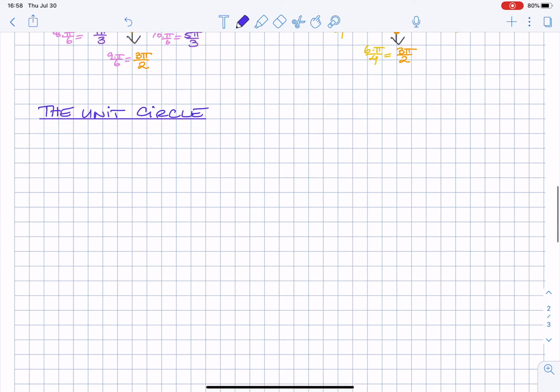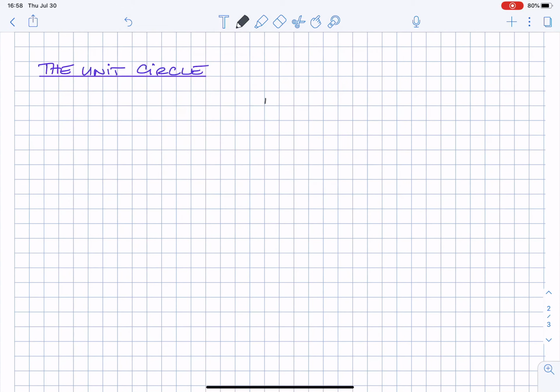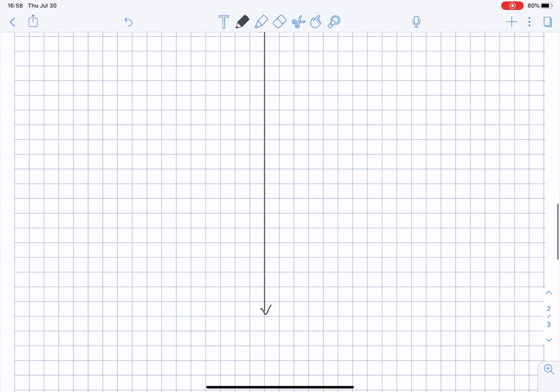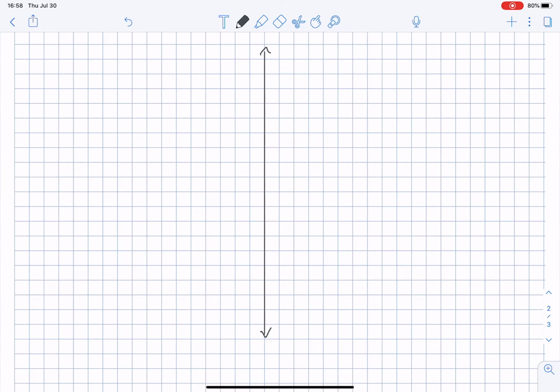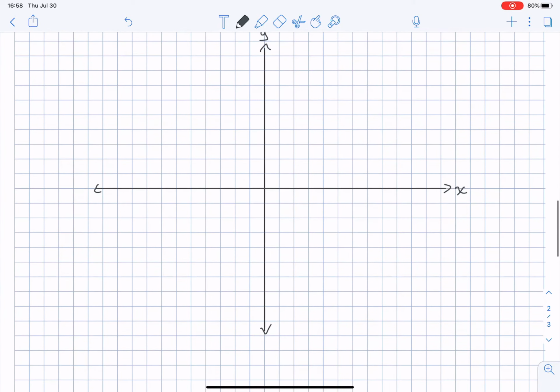Okay, so x and y coordinate axes. So x and y. And now let's create a large circle.